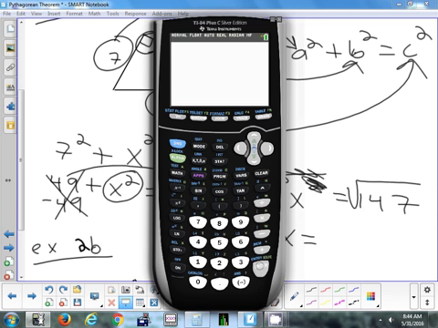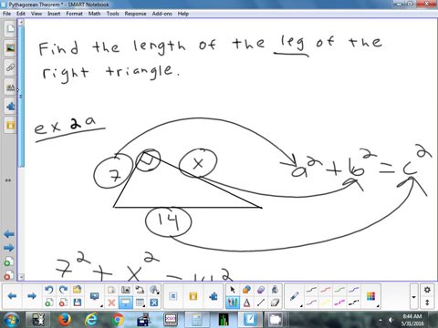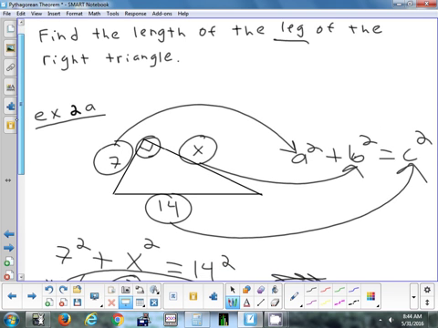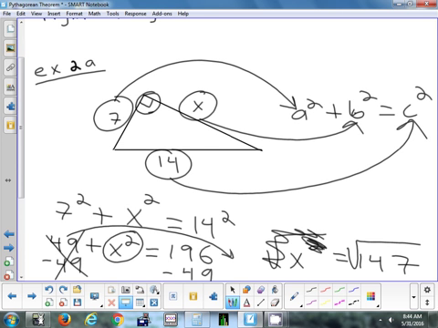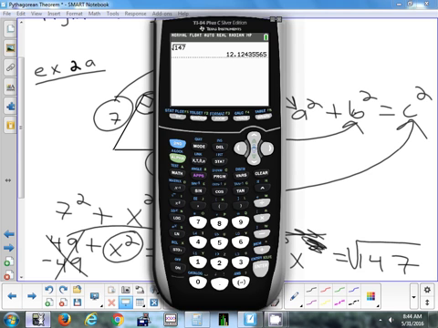Okay, I got 12 point, and I got a decimal. Does it say in the directions where to round it? No. So I don't have to pay attention to that. So we can round it wherever we want. I would say let's round it to 2 decimal places. So if I round it to 2, what would be my answer? 12 point.